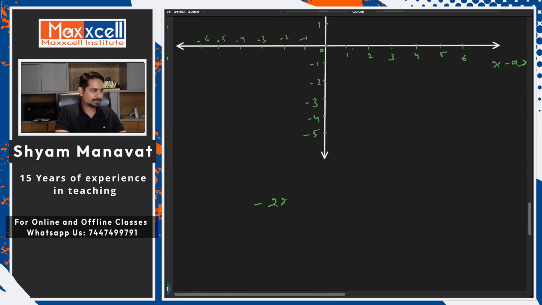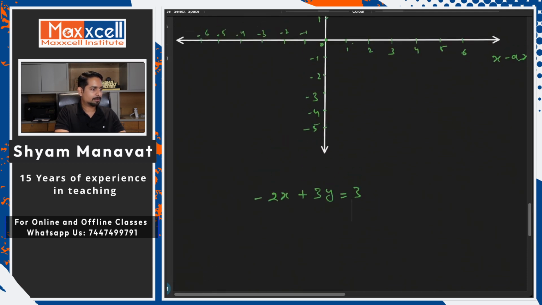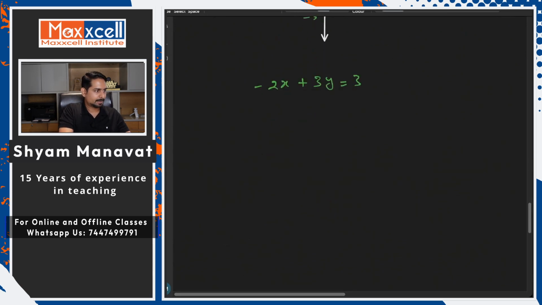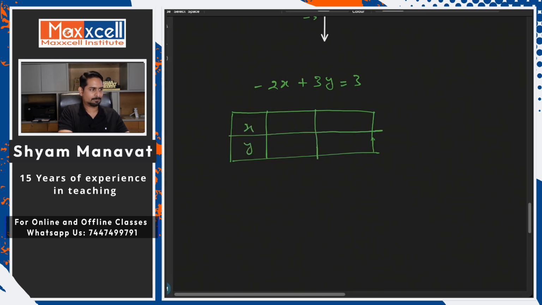So minus 2x plus 3y equal to 3. Now let's say I need x and I need y, and minimum 2 values will be good enough.